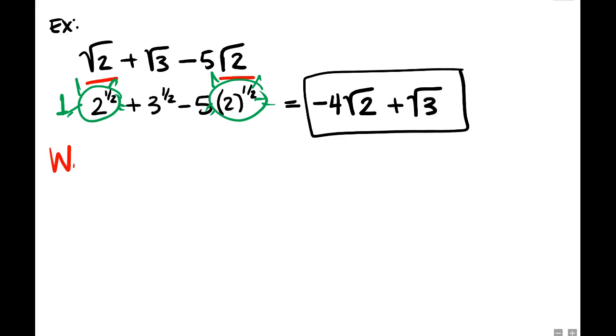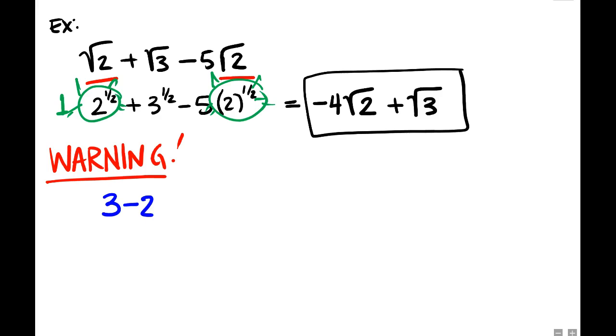Let's give ourselves a big warning. Here's when I see students make the most mistakes with these, especially in things like the quadratic formula. If I gave students a thing like this, 3 minus 2 root 5, and asked students what to do, a lot of students would want to do this is 1 root 5. But the 3 and the 2 are not like terms.